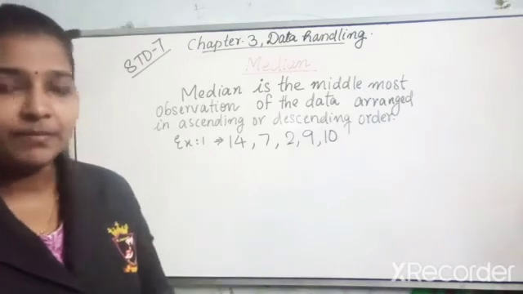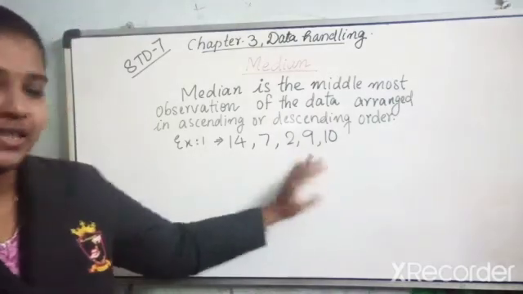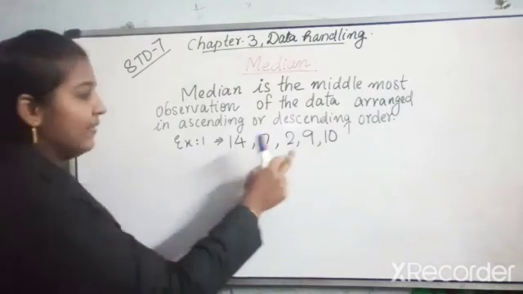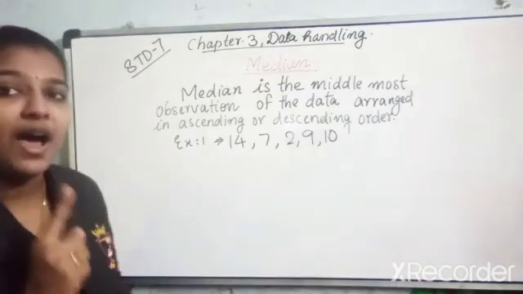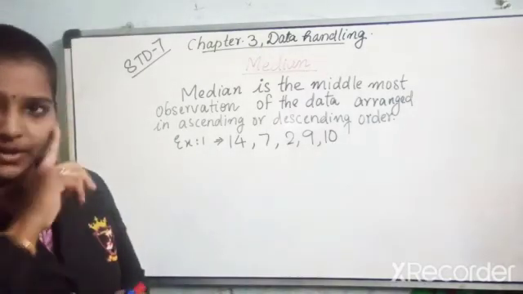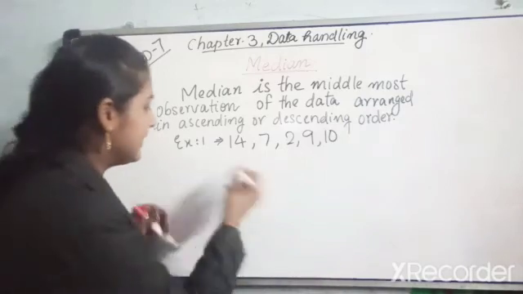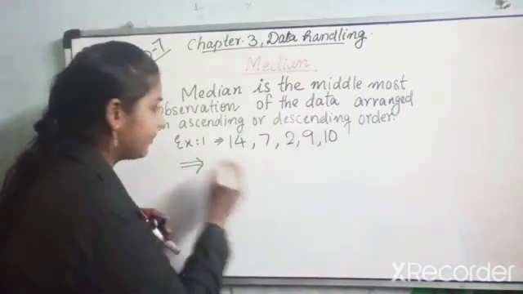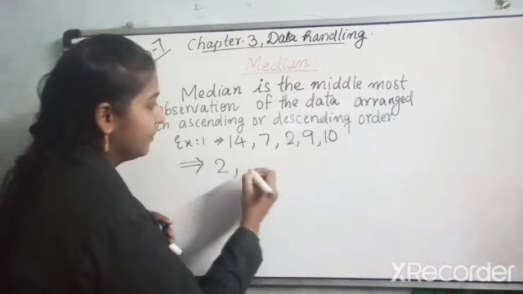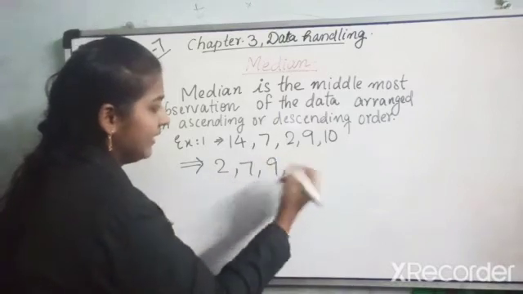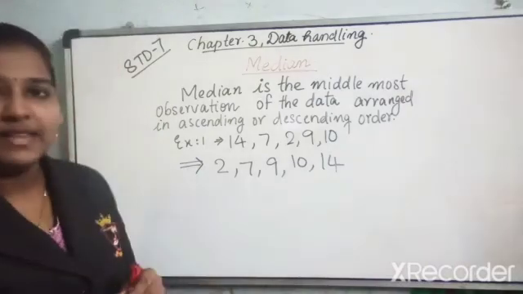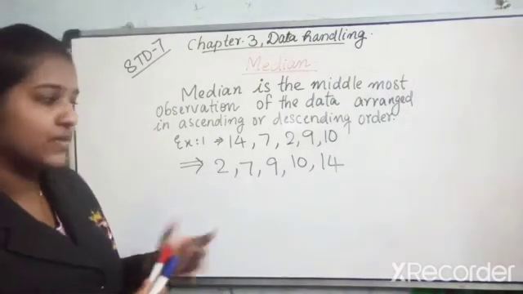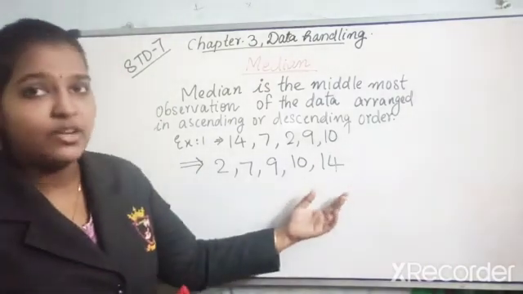Okay, clear? So here is an example question. Look, 14, 7, 2, 9, 10. First step, you have to arrange it in ascending order. Okay, so I am arranging it in ascending order: 2, 7, 9, 10, 14. Now the given observations are in ascending order.